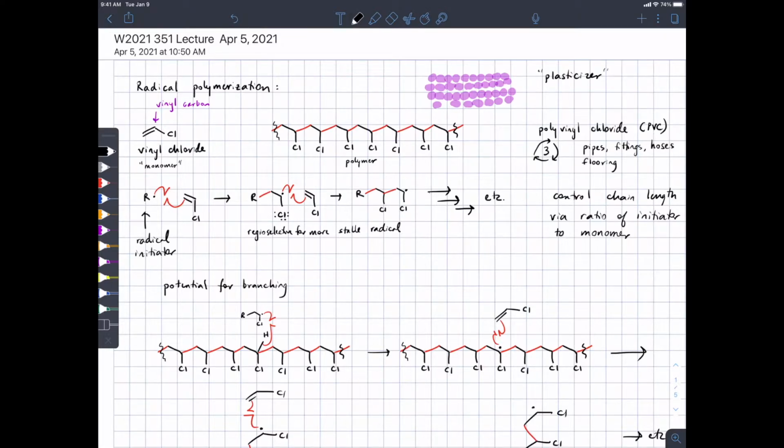The plasticizer gets in and binds to the individual monomer subunits of the polymer and makes it more favorable for the polymer to have a looser, more extended conformation, where the polymer will be quite a bit less rigid.